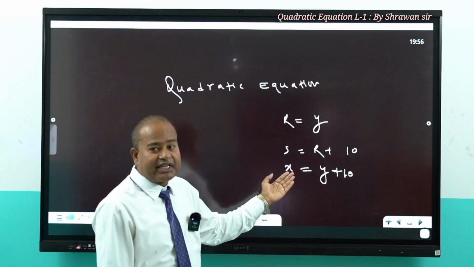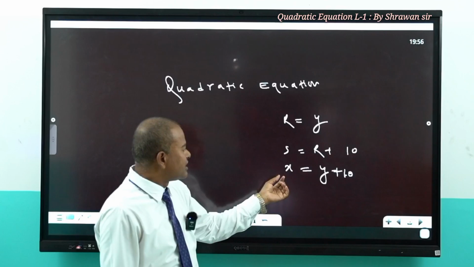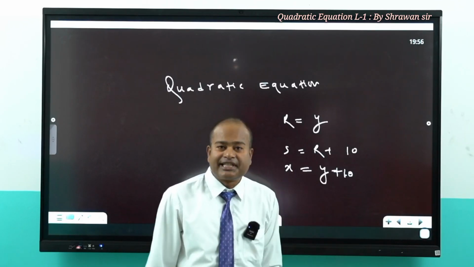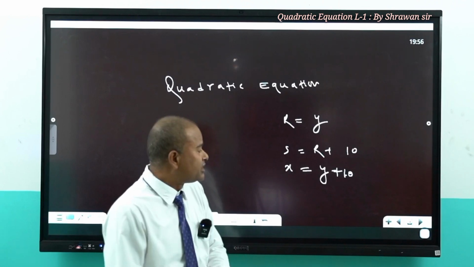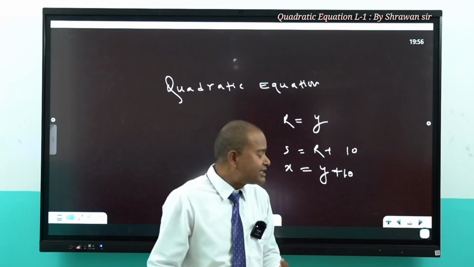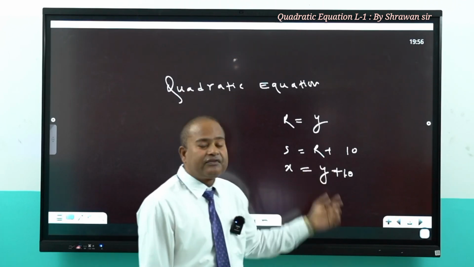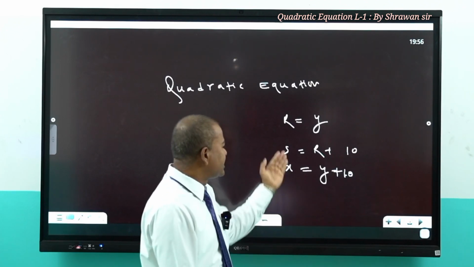So dear students, now we can see that we have got the equality of two statements: the money with Sam and the money with Ram. We have compared the money with two friends, Ram and Sam. So the equality of any two statements.